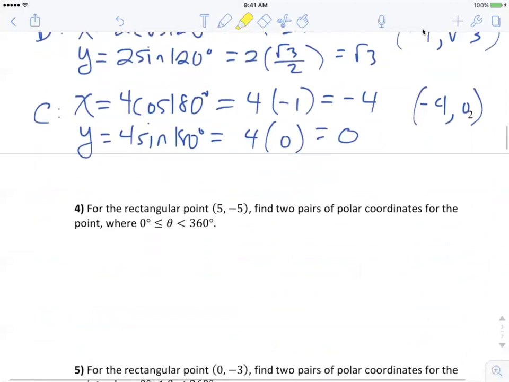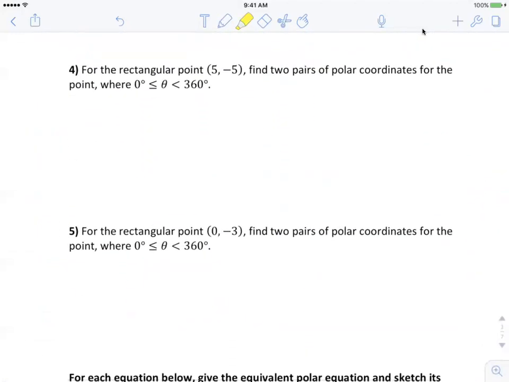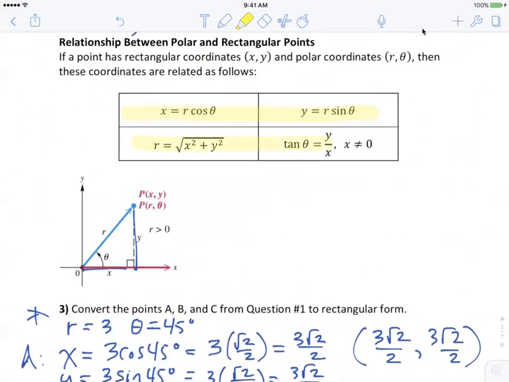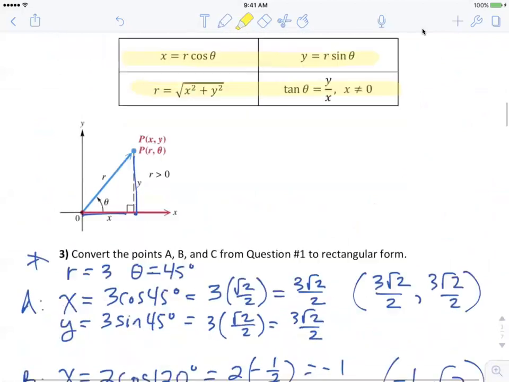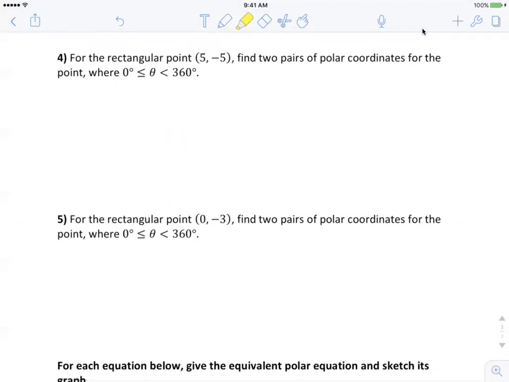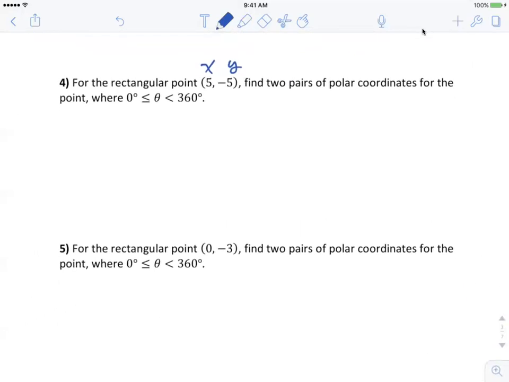How about the other way? What if we have a rectangular point and you want to find polar coordinates? Then use those bottom two. Those will come in handy for that direction. So for the rectangular, 5 comma -5, remember that's xy for rectangular. So that's your x, that's the y. And we need to find r and theta. So I would get r first by that formula above.